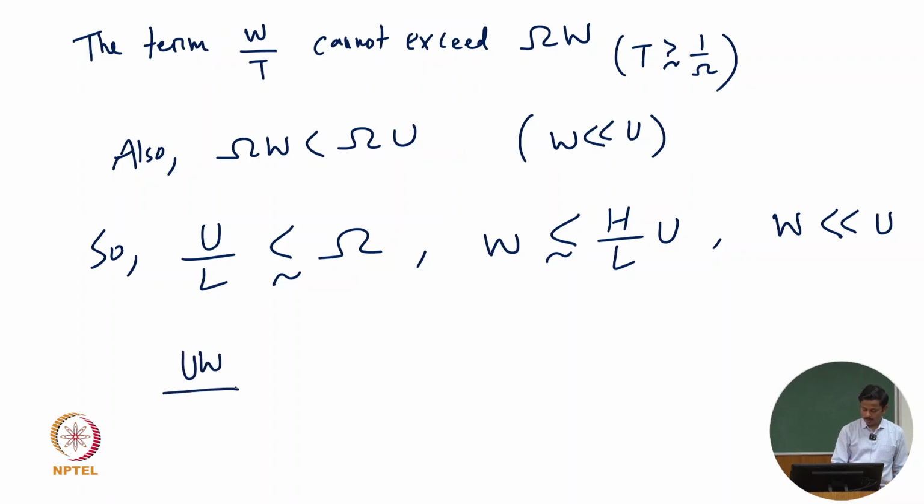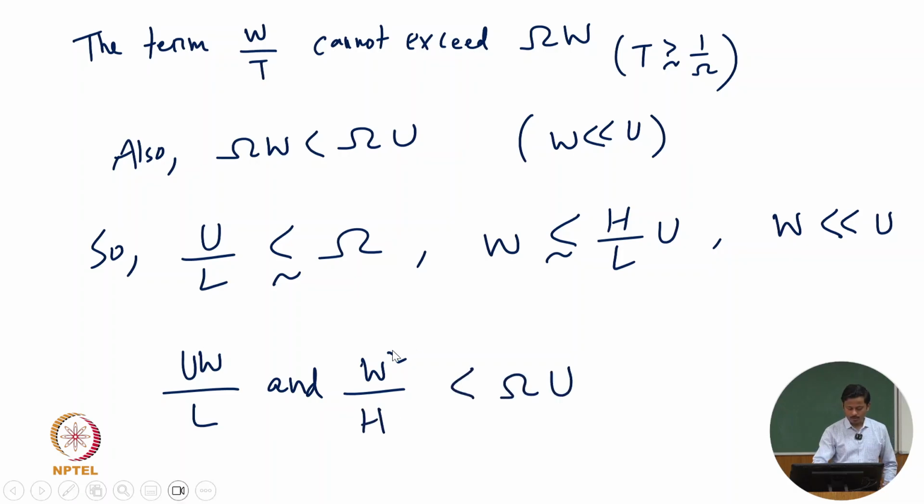Now uw by L, following from the terms that we had previously from the z momentum equation, is smaller than omega u because rotation is important. So the rotation is the most dominating term here. So the first four terms can be neglected with respect to the fifth.